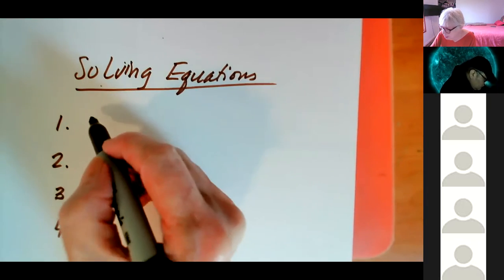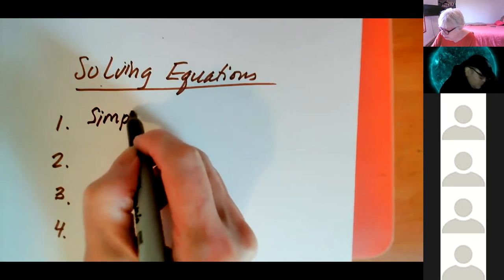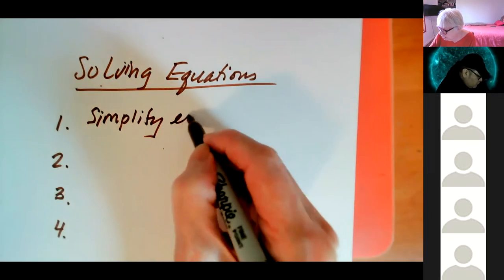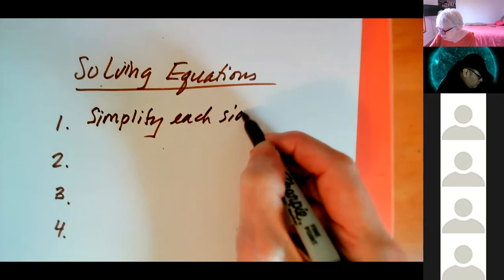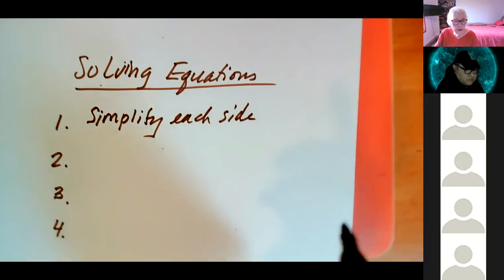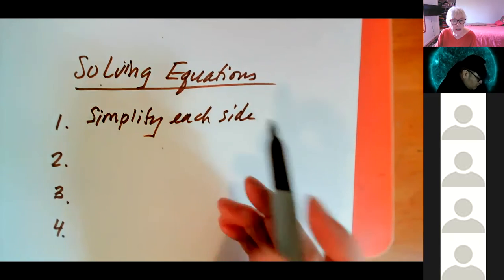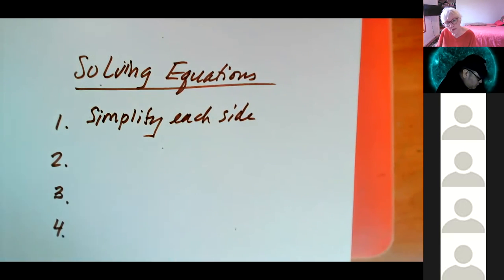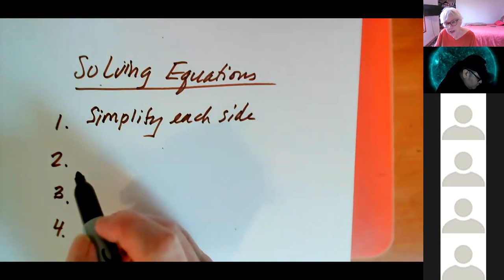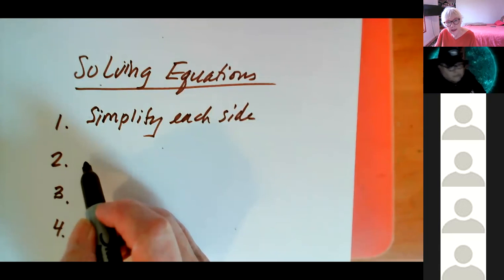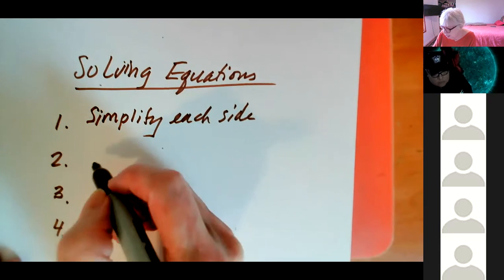So the first step is to simplify each side. That could be use the distributive property, combine like terms, anything that simplifies the left side and simplifies the right side.